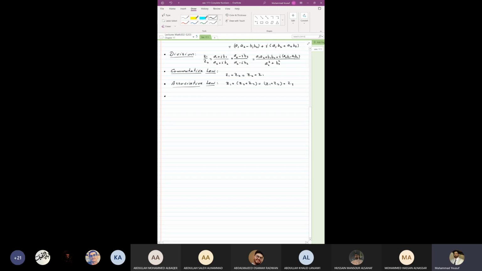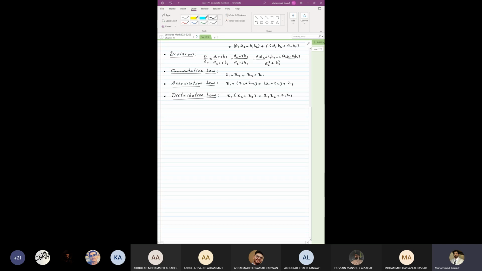Also, it satisfies the distributive law, that one complex number can be distributed over two or more complex numbers, Z1, Z2, Z1, no, it should be Z3 here.